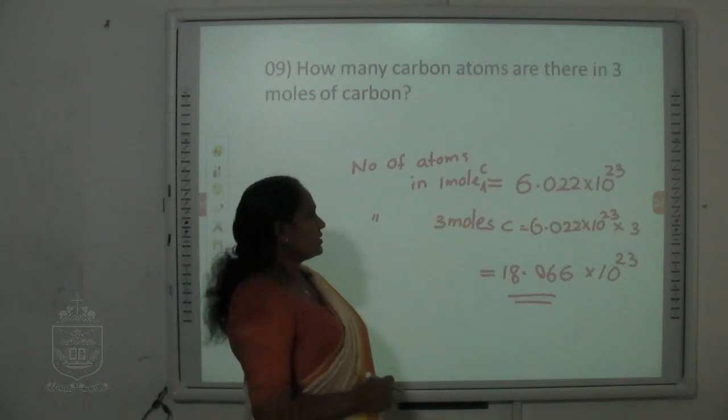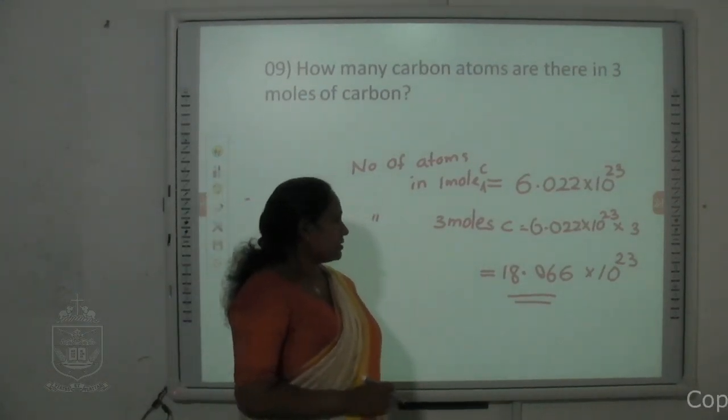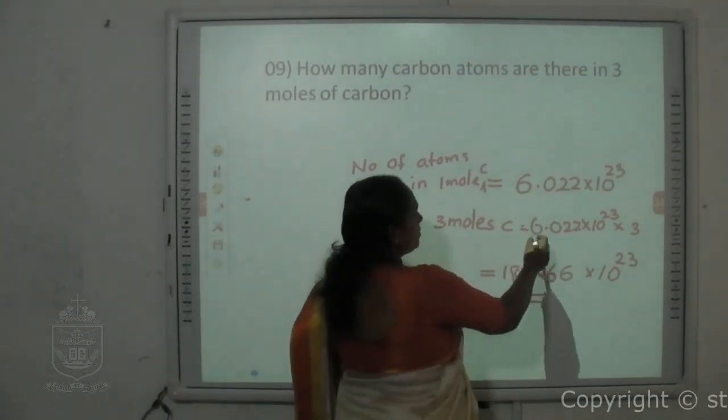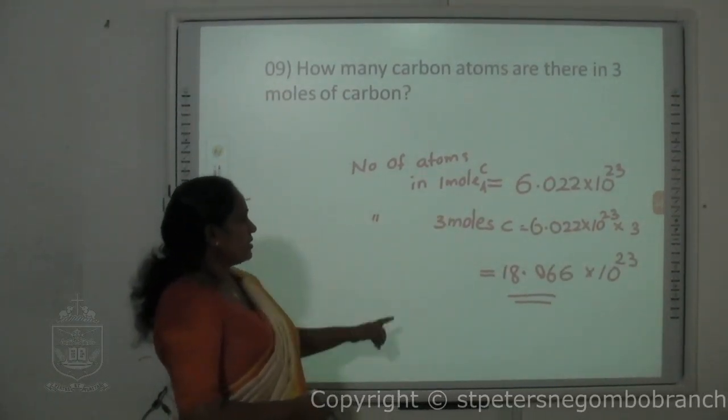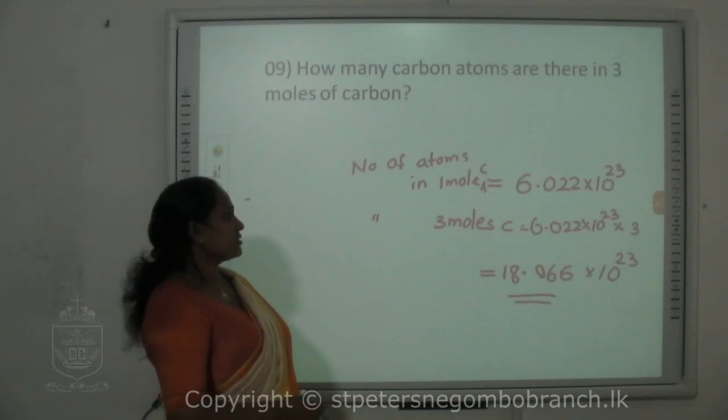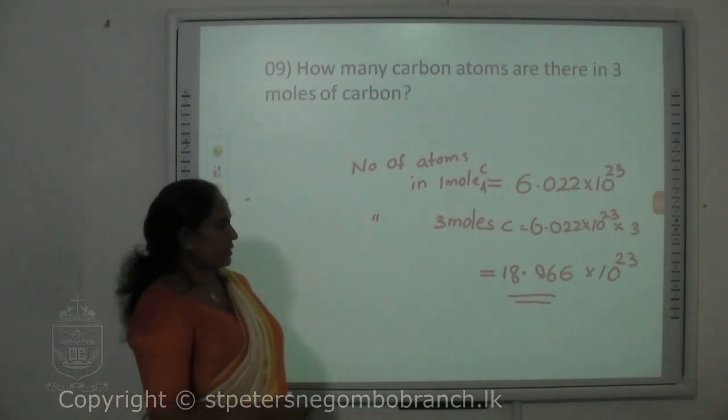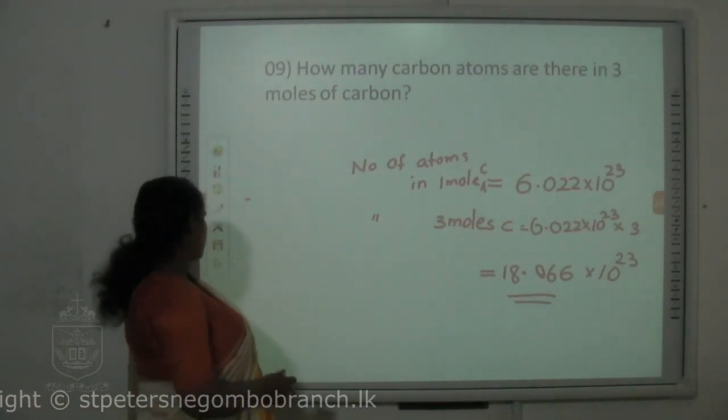We are just multiplying the Avogadro constant by 3 because it is asking about 3 moles of carbon atoms.